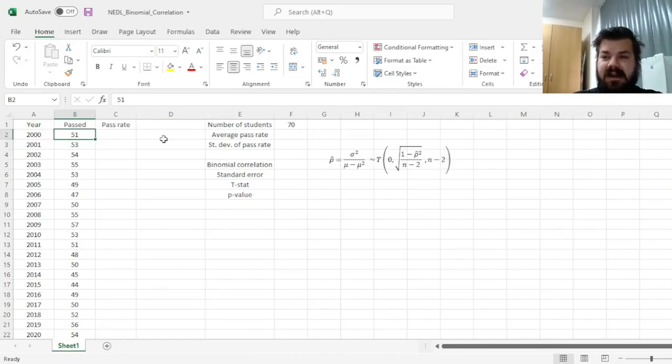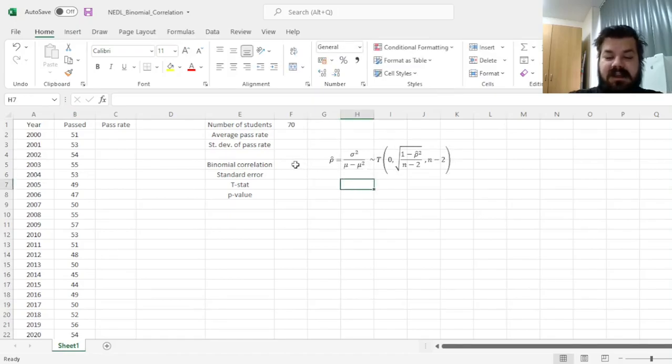For this diagnostic, what we can do is we can use the binomial correlation formula to extract the implied correlation between two individual attempts that we've got in our data, two individual students sitting the same exam. Obviously, from the sample that we've got, this parameter is unobservable, but we can infer that from this particular formula.